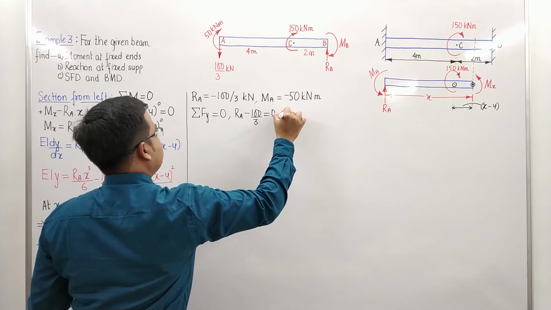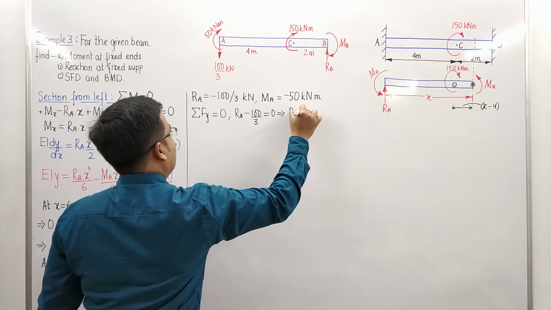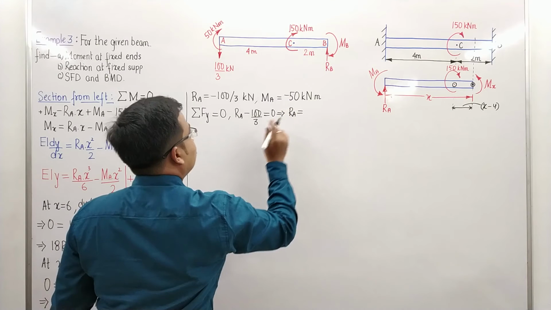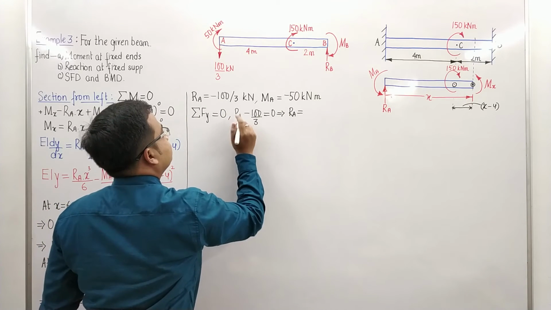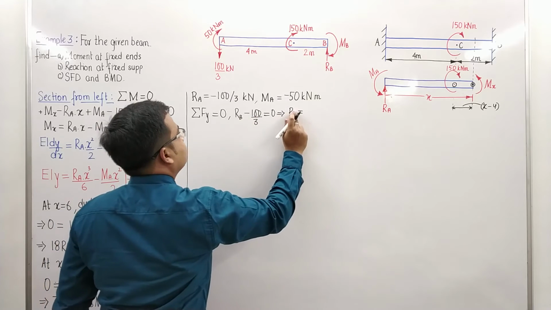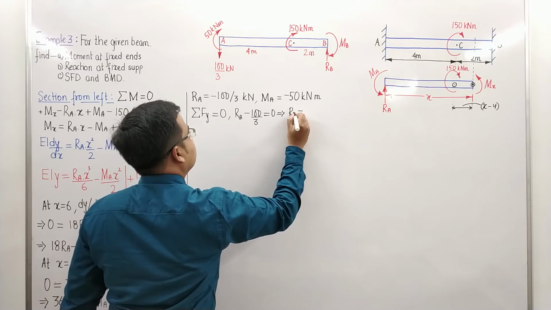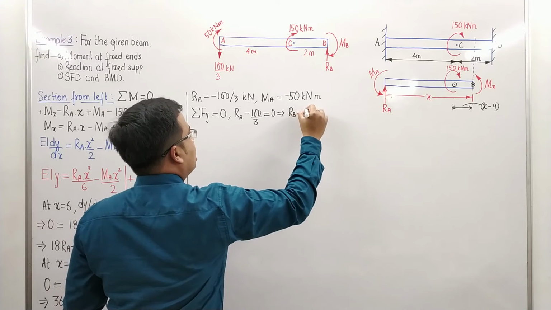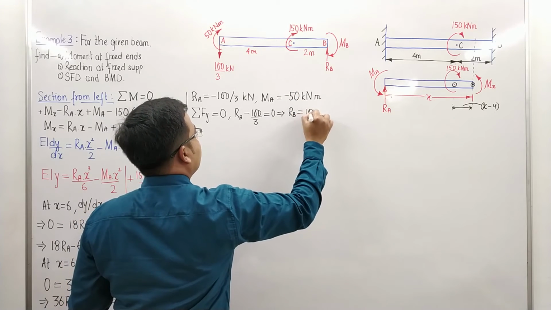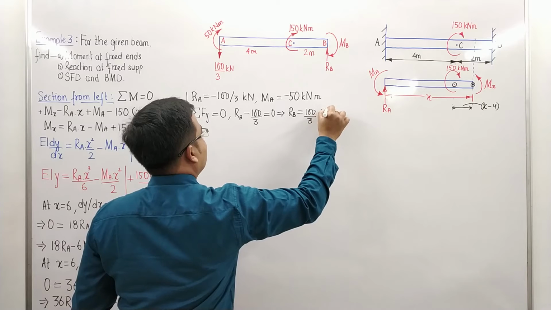From this equation you can have the value of RB. Have I written something wrong? This is RB, not RA. RA is known to us, that is 100 by 3 in the downward direction. So RB will also be equal to 100 over 3 kilo Newton.